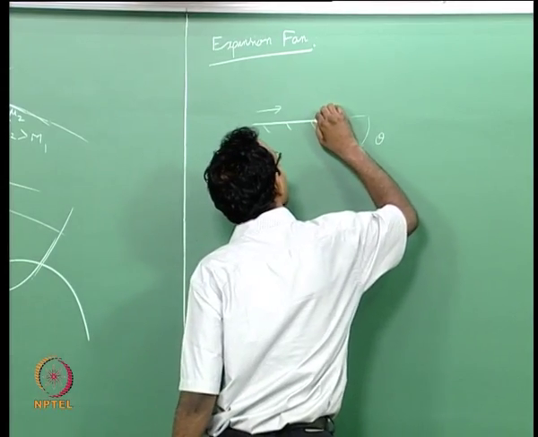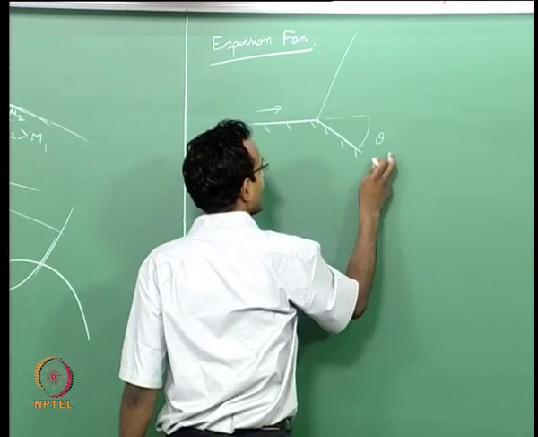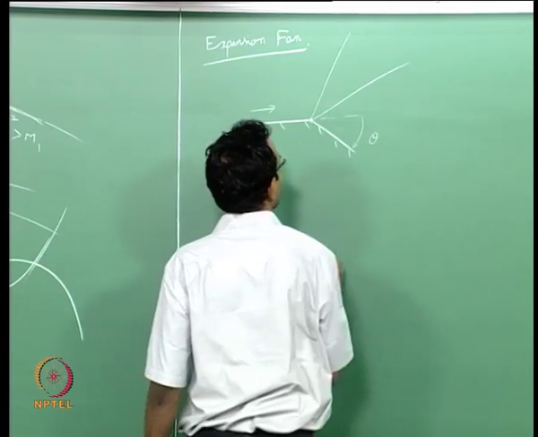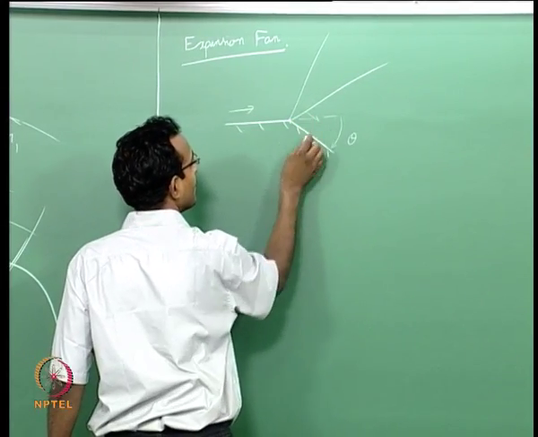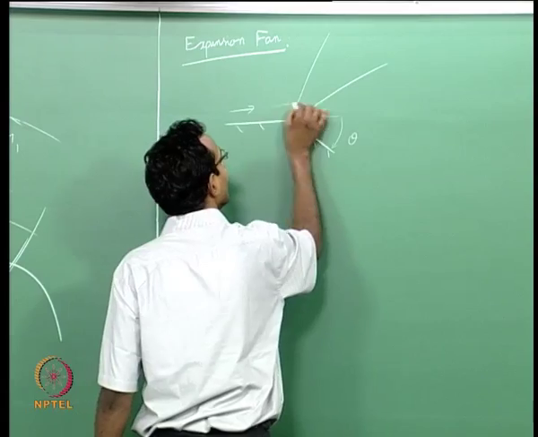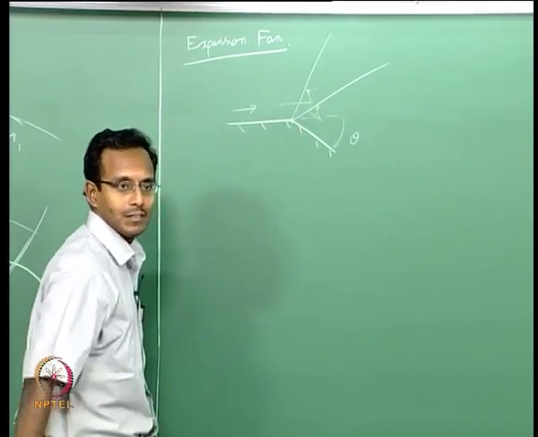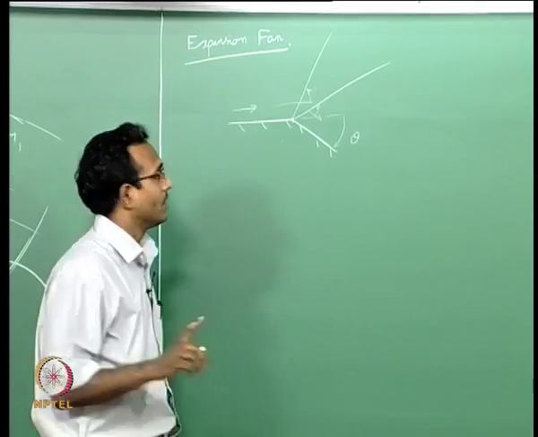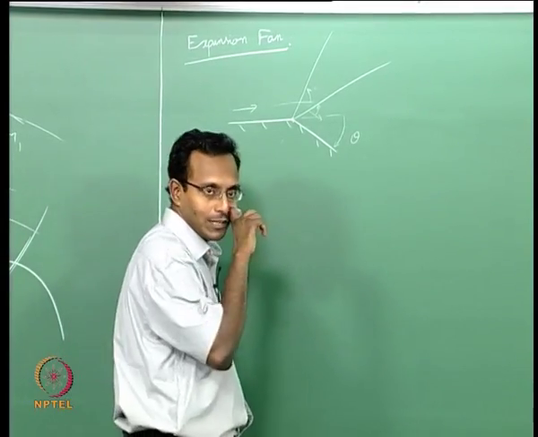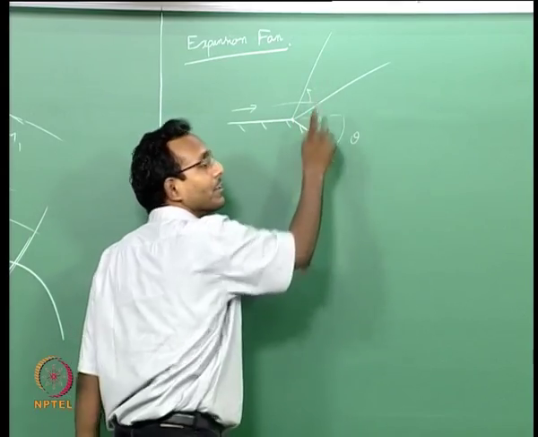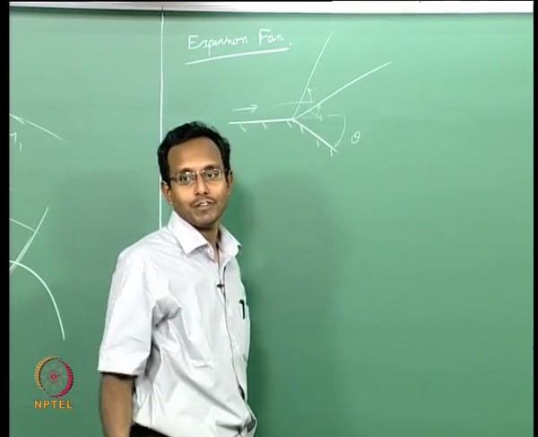Now that delta theta equal to delta nu is what you are going to use here anyway. If I draw the first Mach wave, let us say it is like this, the last one will be like this. With respect to this local velocity vector, this will be one angle, here this will be another angle. Of course this angle is more than this angle. This is all we already know. Now the way to solve it, we already said that there are infinite waves sitting inside here. We will just pick a few of them.